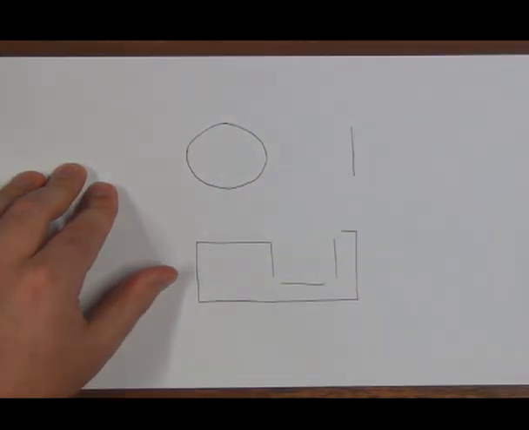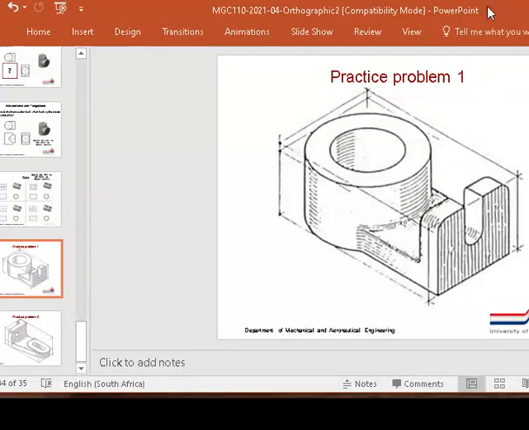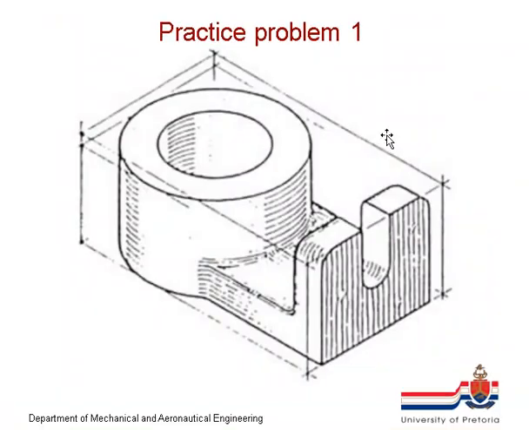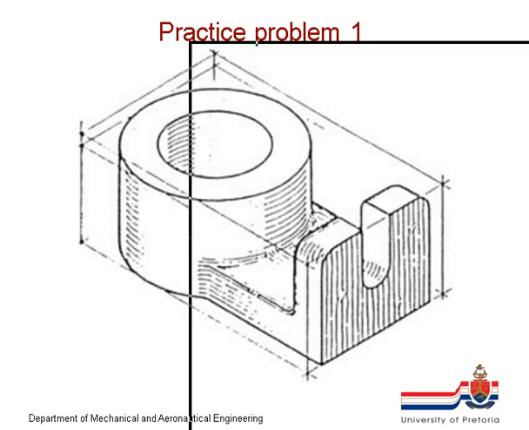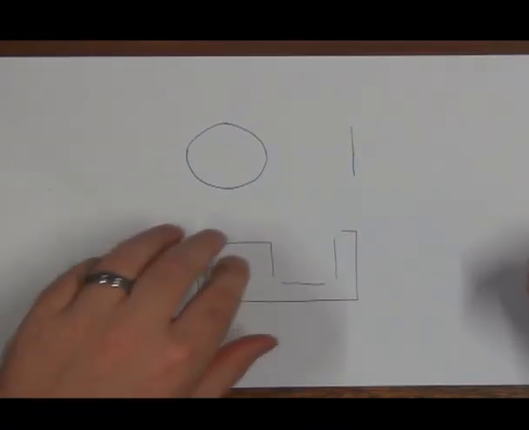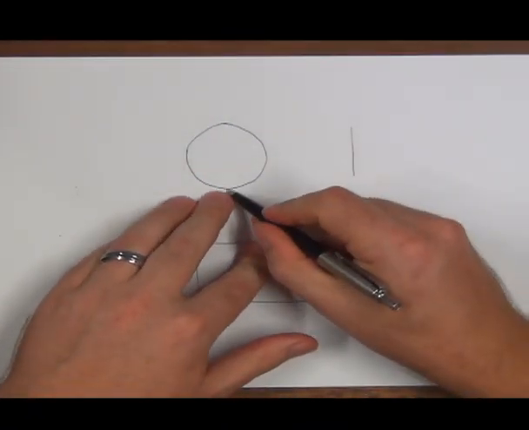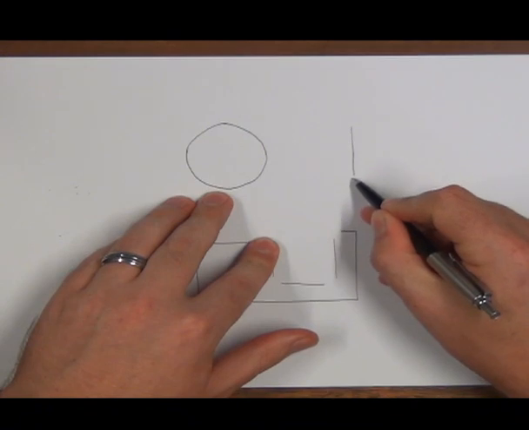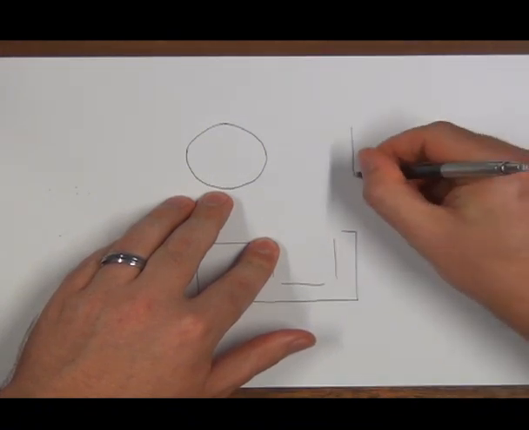I'm just going to bring the question back again. So in this question you'll notice that these vertical feet on the right hand side are slightly narrower than the diameter of my big cylinder. So it means the cylinder in my top view will be slightly lower than those feet.